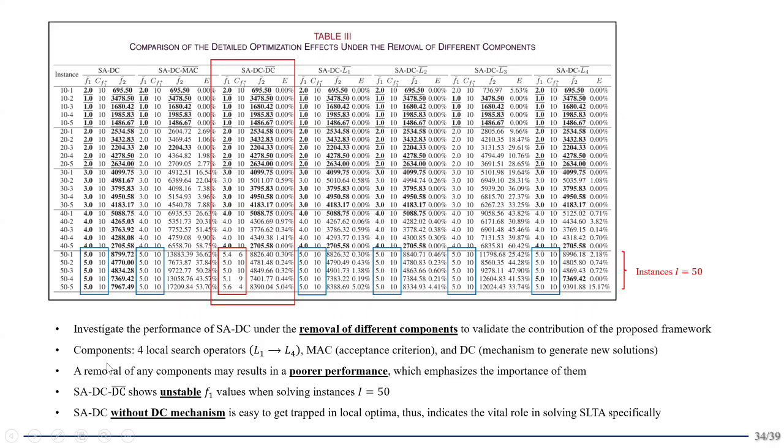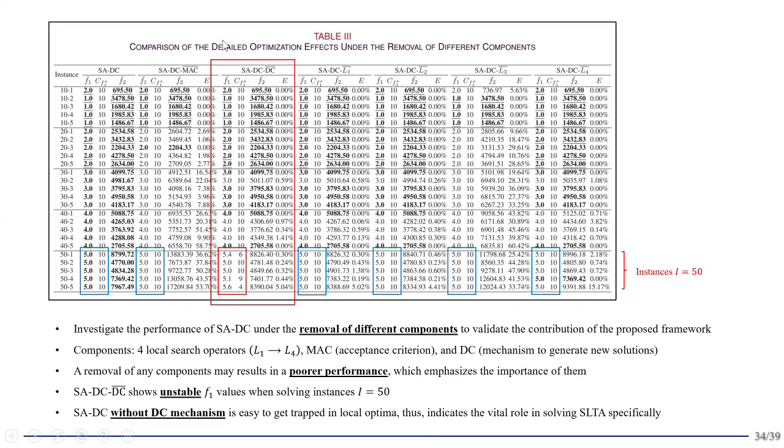It shows that removal of any component may result in poorer performance, which emphasizes the importance of each one of them. Among them, when we remove the DC mechanism, it shows unstable F1 value when solving large size instances.